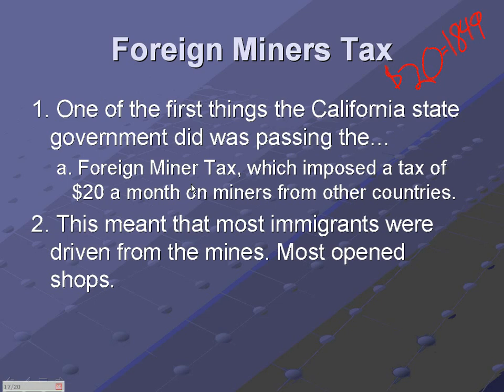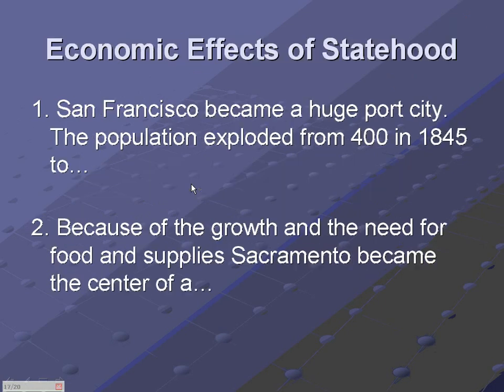So that would probably, in 2012, be $700 to $800 a month on top of the things that you have to buy, like $80 for an egg. You know, I mean, you're going to be running out of money quick. So this meant that most immigrants were driven from the mines, and most of them opened up shops. This is what leads to the creation of Chinatown and things like that.